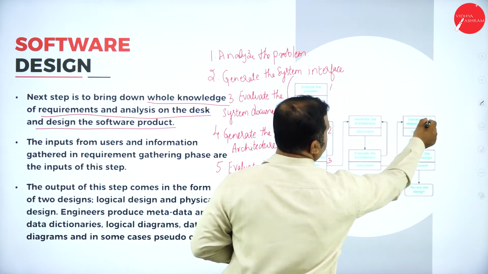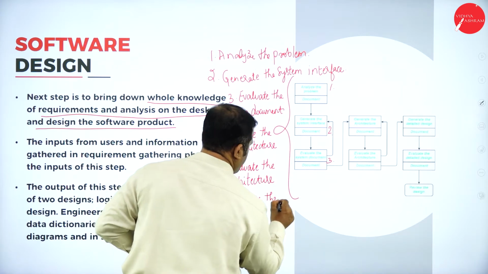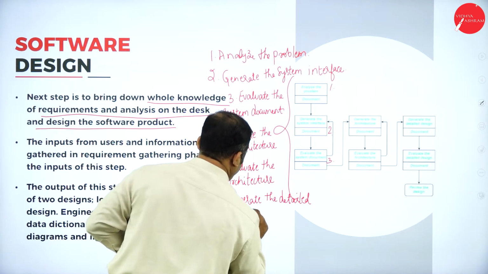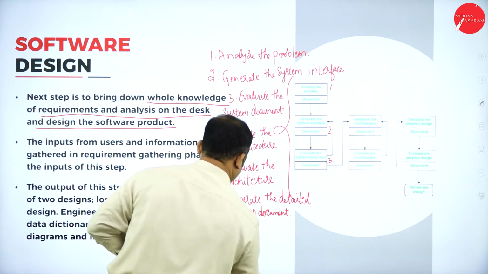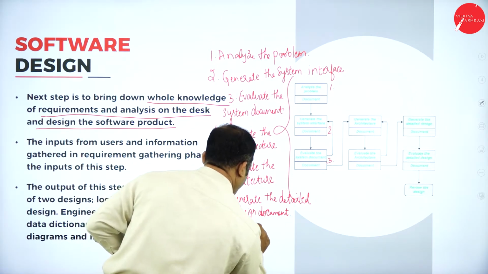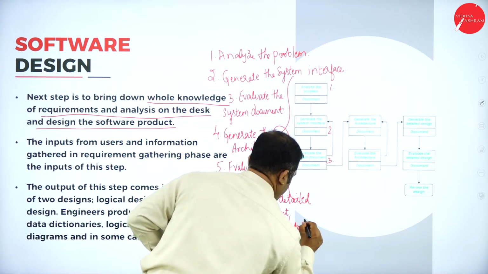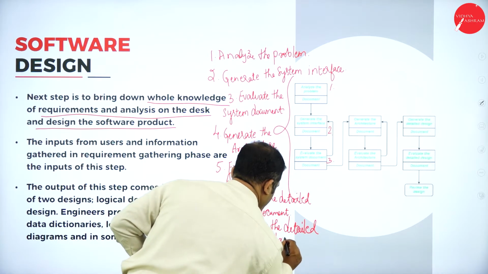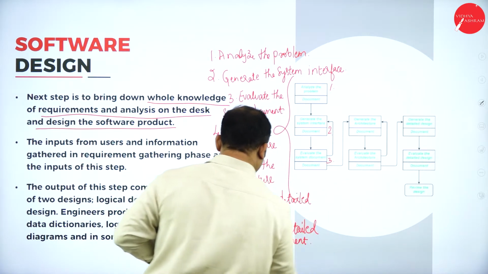Sixth one, generate the detailed design document. Then evaluate the detailed design document. Eighth one, review the design.